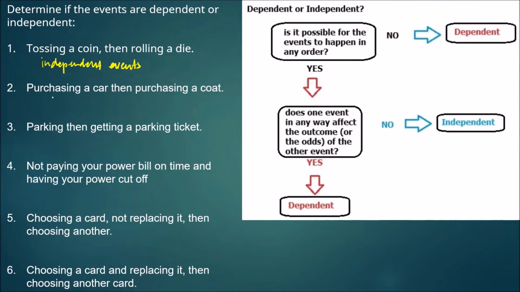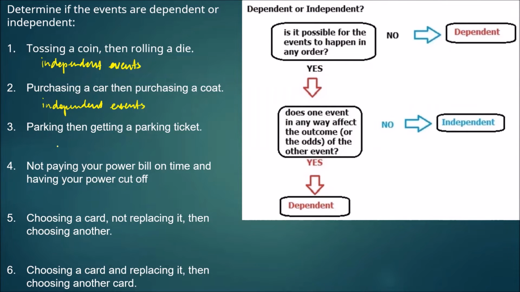Now, will purchasing a coat first affect purchasing a car? Or will purchasing a car first affect purchasing a coat? It won't, right? It won't affect. So, therefore, they are independent events.